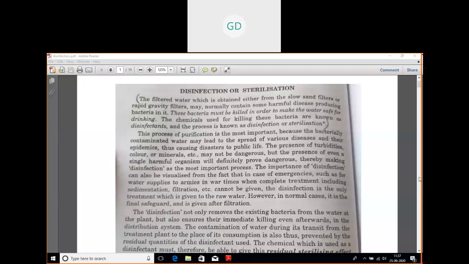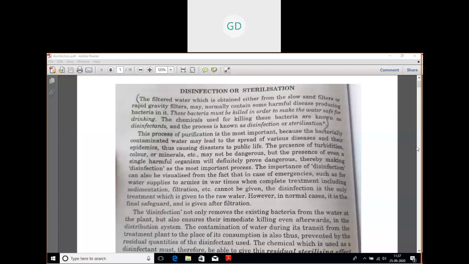Boiling you can do later, but if I directly give you a sample of water to drink and bacteria is present in that sample, it seems like you will drink glass number two, but actually that glass contains bacteria and will cause more harm to you.